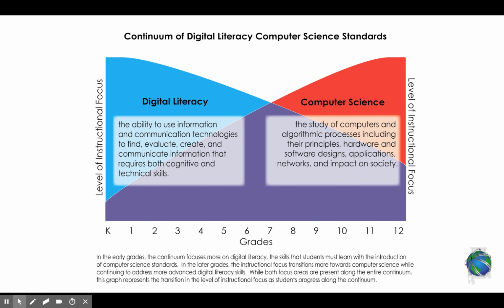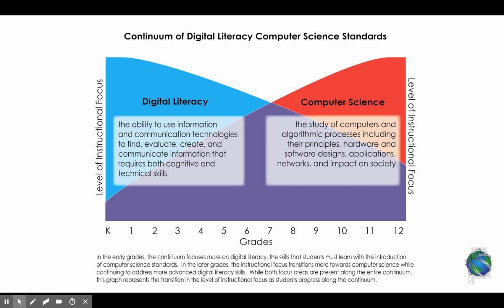Those standards were quite outdated and quite basic and really didn't leave room for growth for students. So the committee early on decided to include both digital literacy and computer science. That brought up the discussion of which was more important than the other.